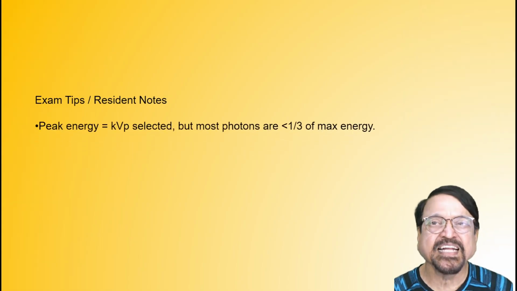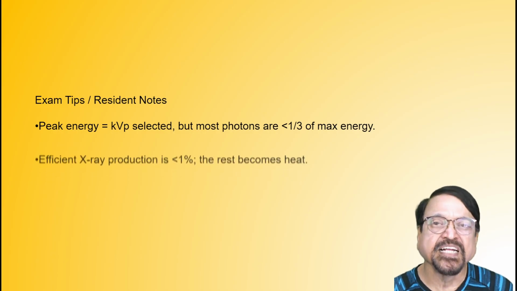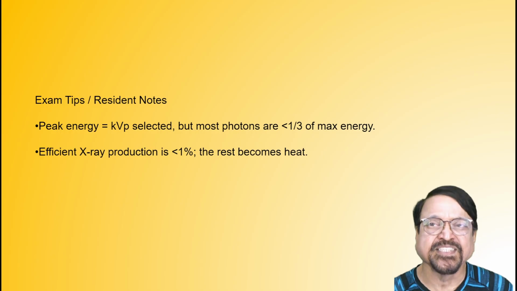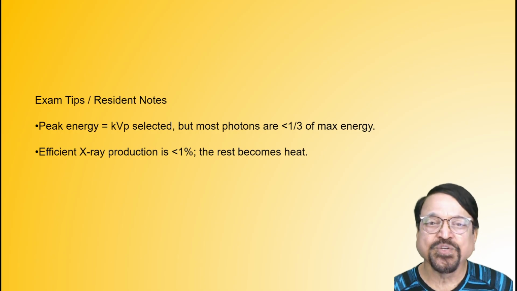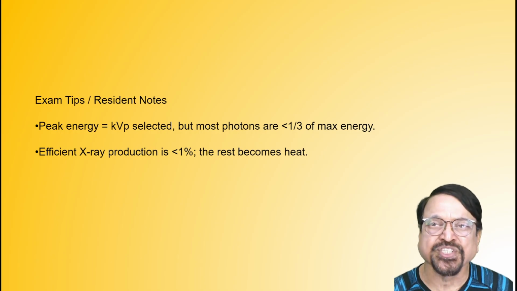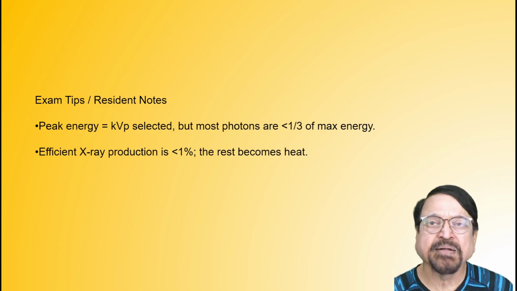Now what are the examination tips? Peak energy is equal to the kVp selected, but most photons are less than one-third of the maximum energy. So there is a loss of energy in these. Where the loss of energy goes, it goes into heat production. Now efficient X-ray production is less than 1%.